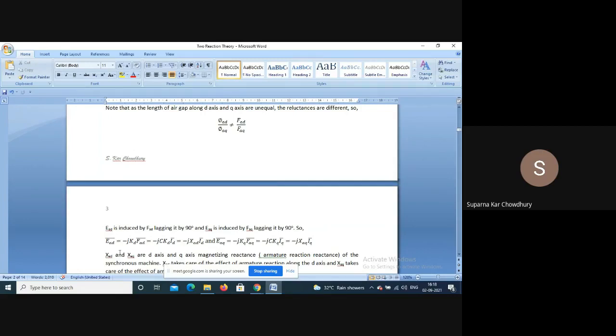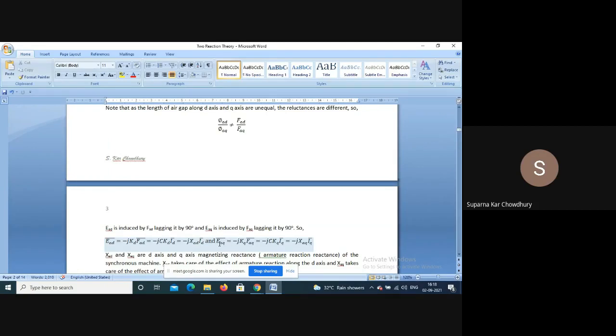Now, if we neglect the saturation, then FAD is created by the direct axis current ID. So we can write EAD, which can be written as minus j XAD into ID, where XAD is the reactance which takes into account the armature reaction along the direct axis.